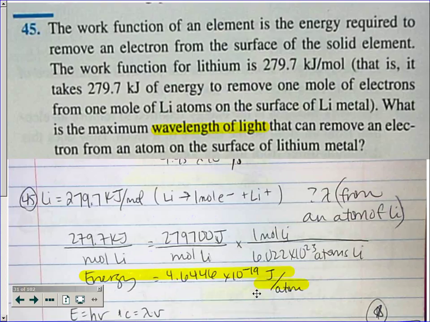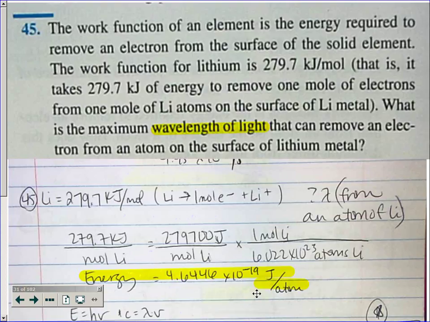This is the big one, okay? So first you were like, what the heck is a work function? Solid elemental lithium, blah, blah, blah. If you look for the key points, you can dumb this down to a doable question, which would be 279.7 kilojoules per mole. That's the energy requirement to remove 1 mole of electrons.